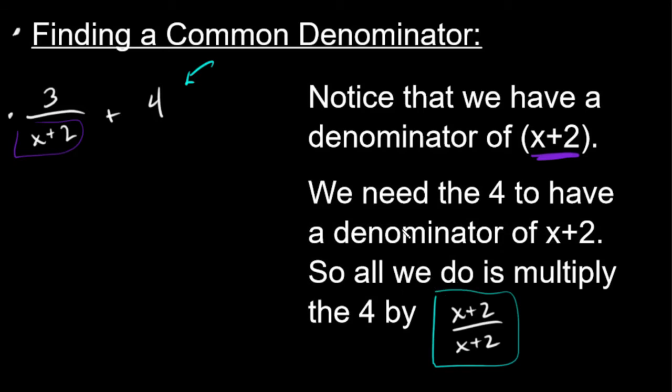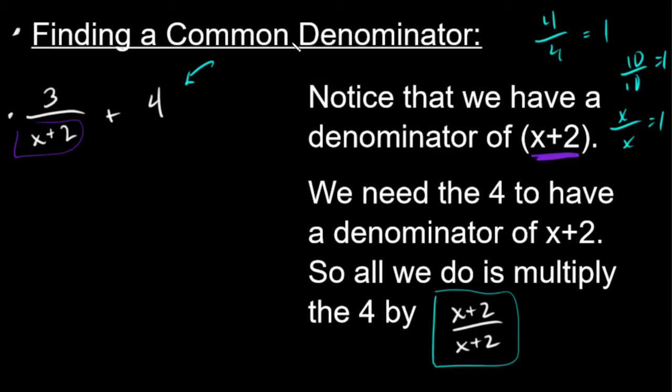Because I'm sure you guys can recall that anything divided by itself, excluding 0, gives you 1. Right? Like 4 over 4 is 1, and 10 over 10 is 1, and x over x is 1. It's the same concept. Anything over itself is 1. And like I said earlier, we're allowed to multiply single terms by forms of 1 because it doesn't actually change anything. It just makes it look different. So let's do that.